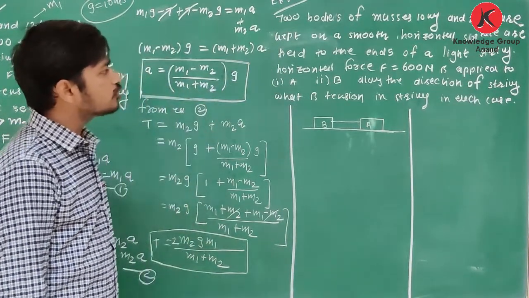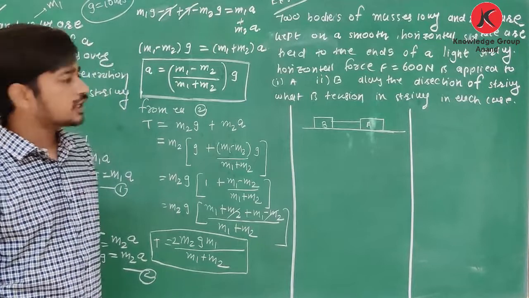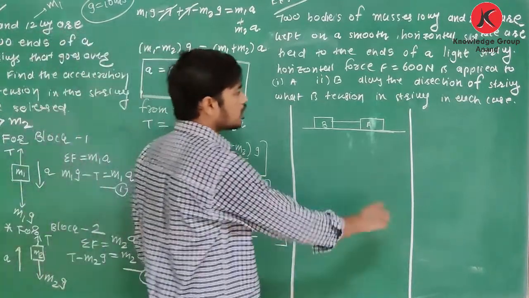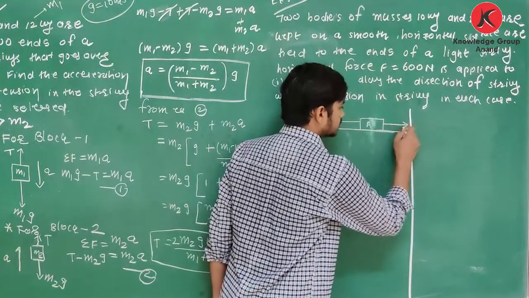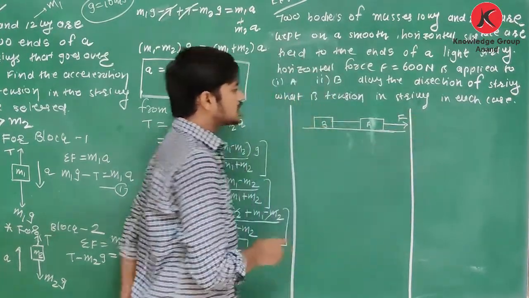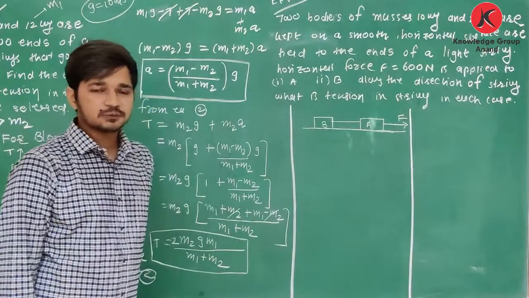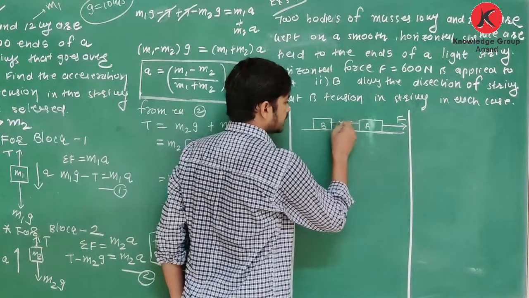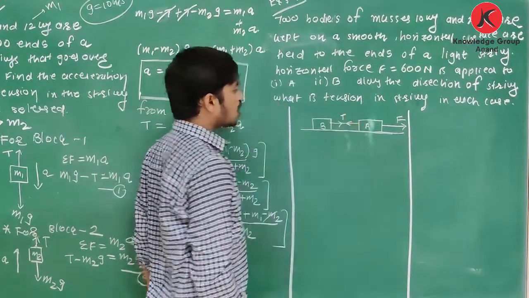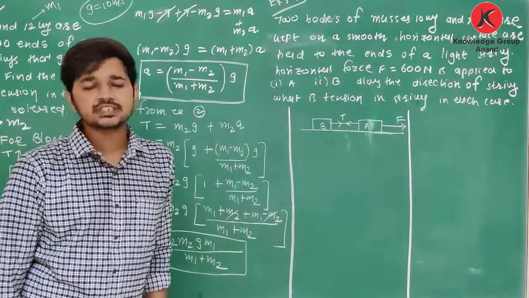Now a horizontal force is applied first on A and then on B along the direction of the string, which means in this direction. Suppose in this case force is applied to A. Then we have to find the tension produced in this string.